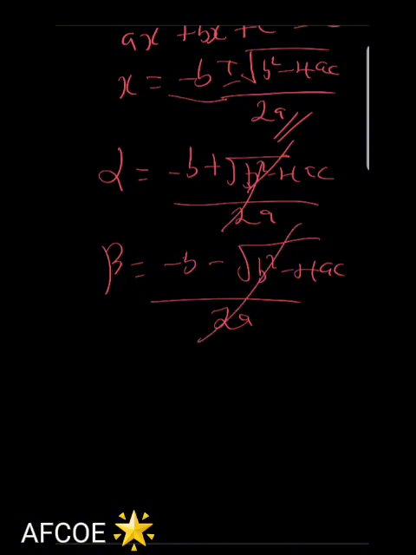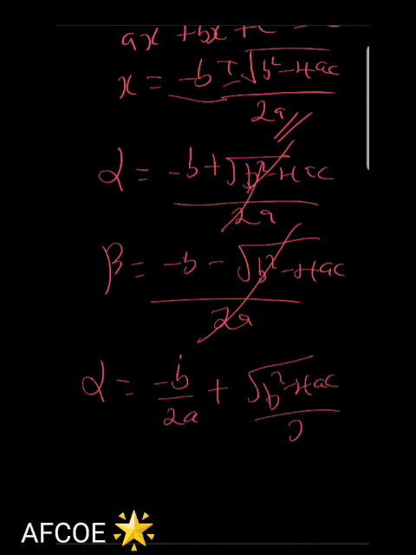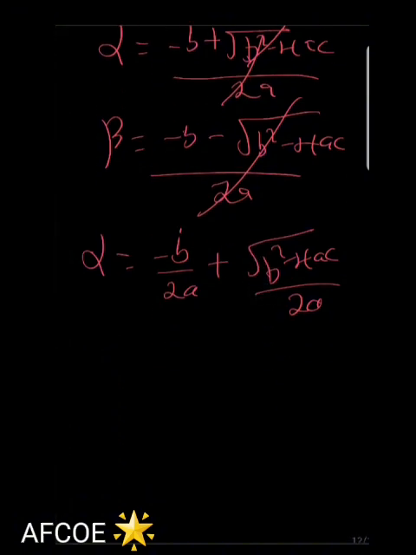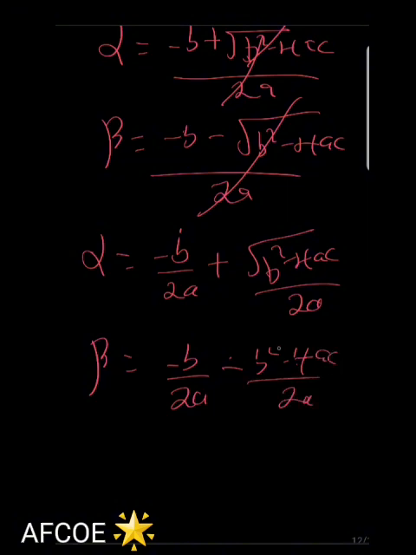If I separate it, my alpha is equal to negative b over 2a plus the square root of b squared minus 4ac over 2a, and my beta will be equal to negative b over 2a minus the square root of b squared minus 4ac over 2a. If I'm adding 0 here, alpha will just be negative b over 2a, and if I'm subtracting 0, beta is the same.